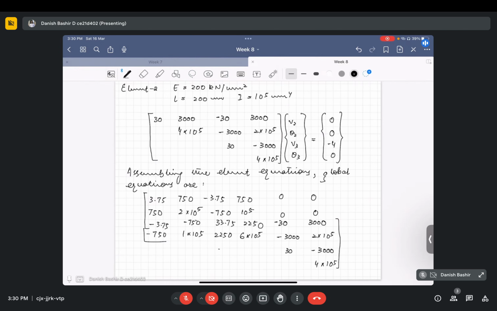And this will be minus 3000 here again. This will be minus 3000. This will be 3000. This will be 2 into 10 to the power 5. This will be minus 3000 again here. And the other four will be 0 0 0 0.